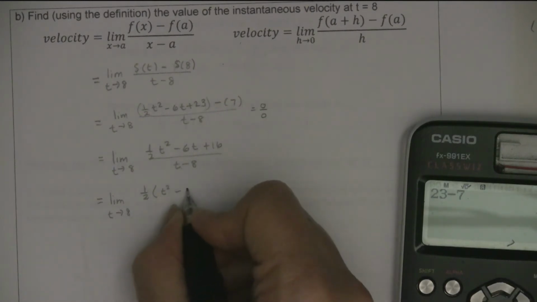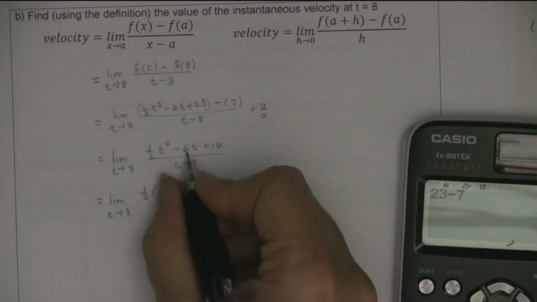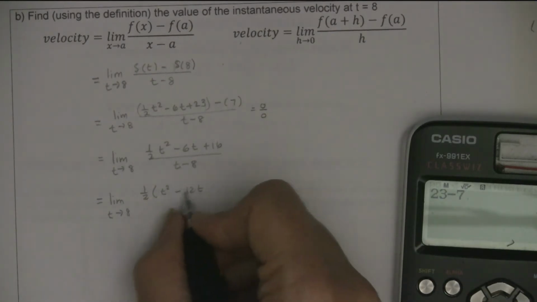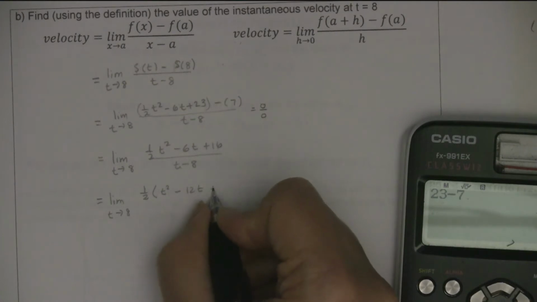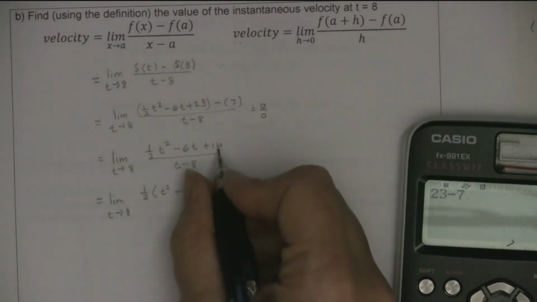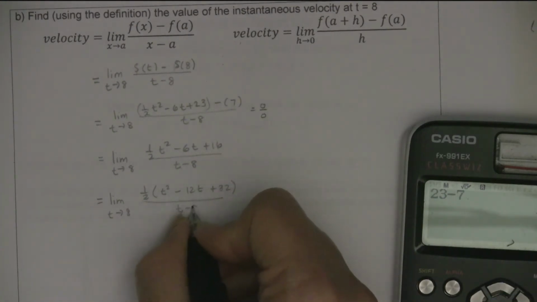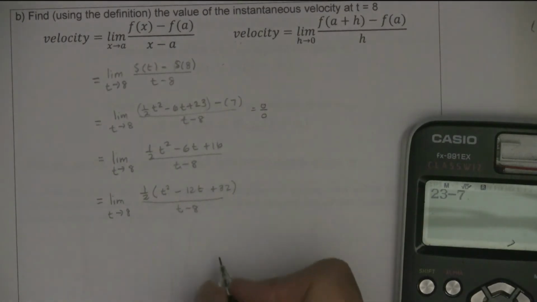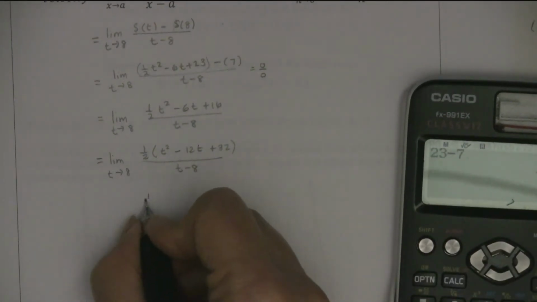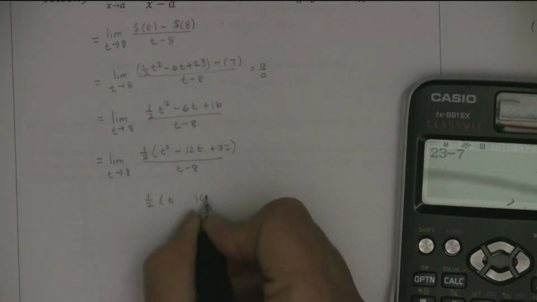this is going to have to be 12, right? Because half times 12 is 6. And then the next one here is going to have to be 32, because half of 32 is 16. And now I have something that I think I can factor. So I have the half out in front, and this is going to be t, and this is going to be t.